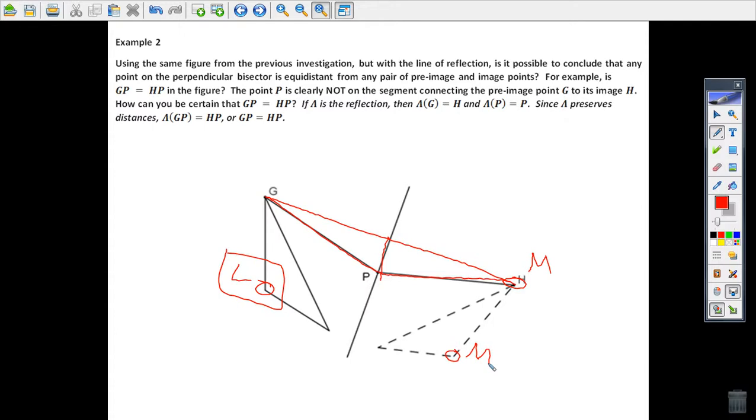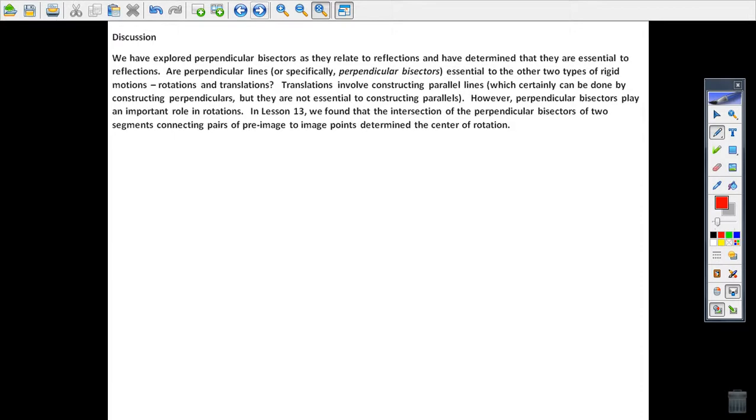Yes? Okay. So we explored perpendicular bisectors as they relate to reflections, and determined that they're essential. Are perpendicular bisectors essential to the other 2 types of rigid motions? Do I need to use perpendicular bisectors when I'm rotating?